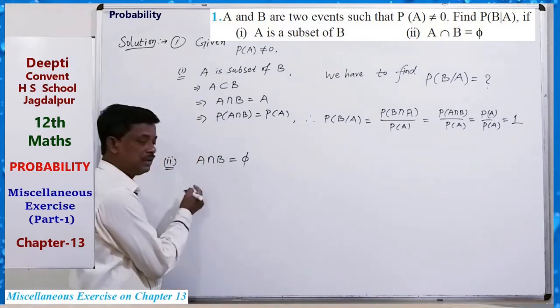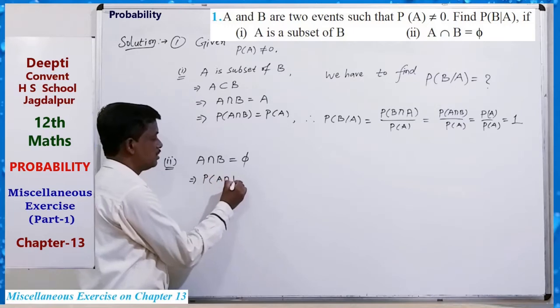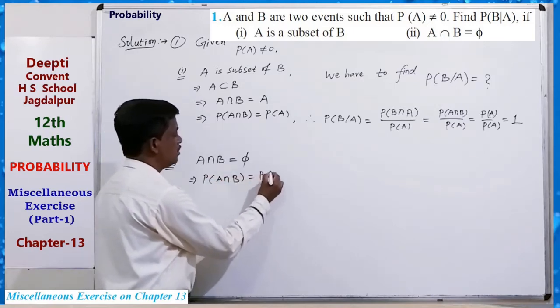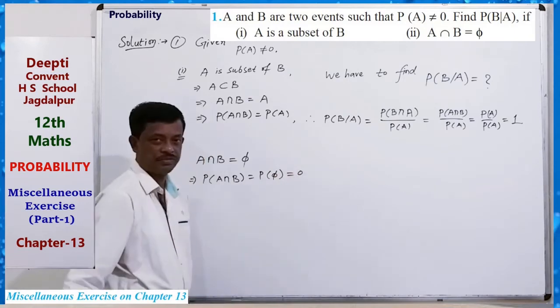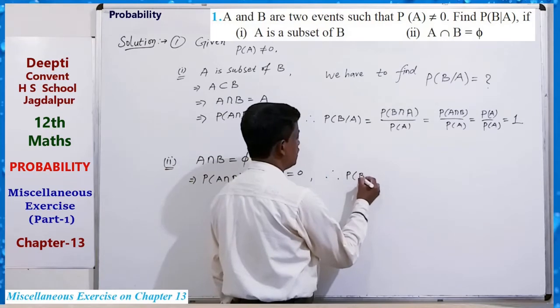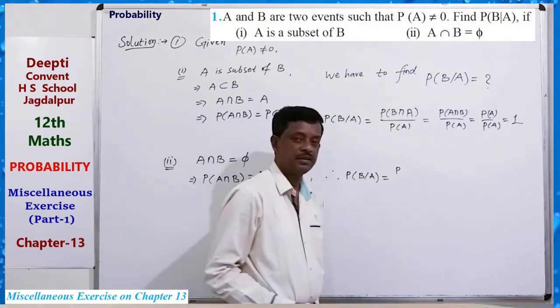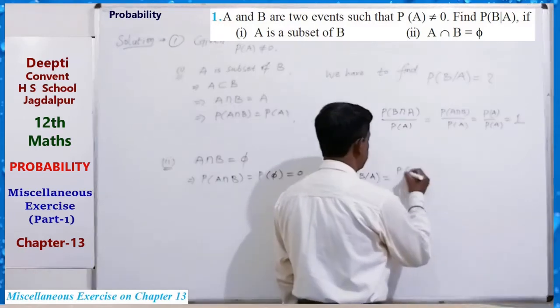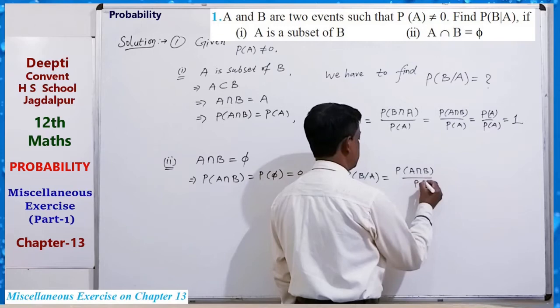Second case, here A intersection B equals phi. That means P(A intersection B) equals P(phi), which is 0. Therefore, we can write P(B|A) equals P(A intersection B) by P(A).